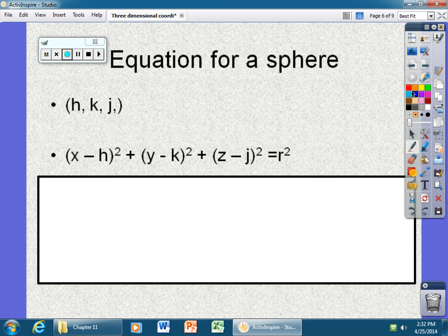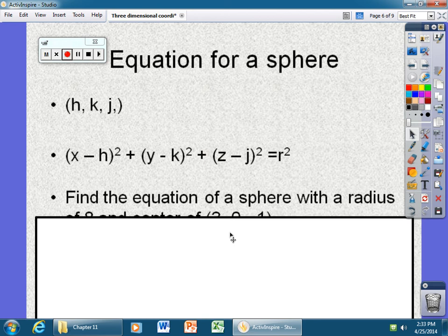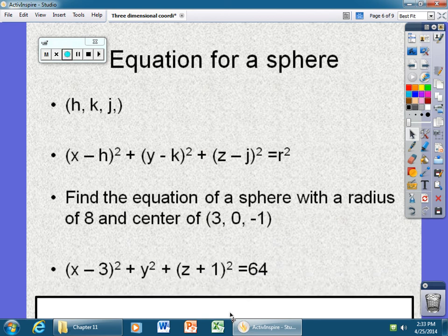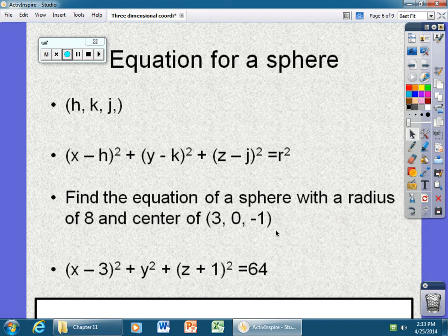A sphere is a three-dimensional object, so if we're going to do the equation of a sphere, we're just going to need to add that third dimension. And just like with the distance formula, we added the third one, the z. Well, now the center of our sphere is going to be three-dimensional. It's got an x-coordinate, a y-coordinate, and a z-coordinate. It is the exact same formula that we use for a circle, except it has the third dimension. So what I would just do is, okay, so I've got the center of the sphere right here at 3, 0, and -1.